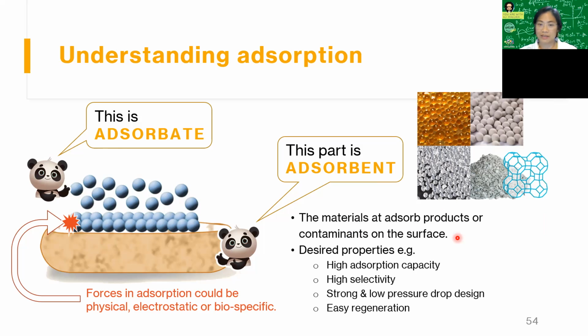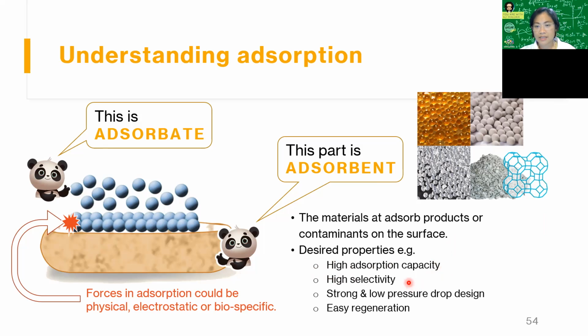Okay, so either way, the desired properties of the adsorbent are something that you have to bear in mind. If you want to use adsorption, the adsorbent that you choose has to have a high adsorption capacity. That means that you don't use a lot of it, but it can adsorb so much of something that you want to recover.